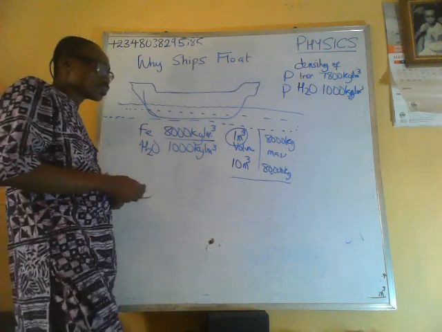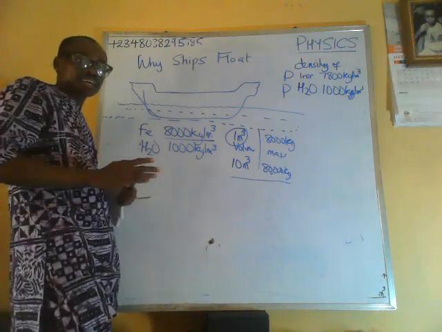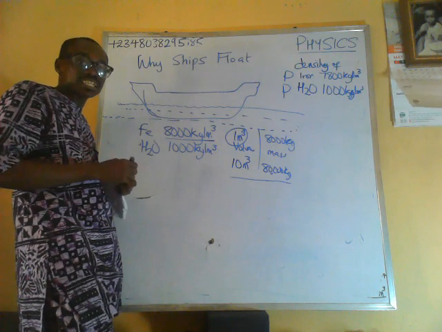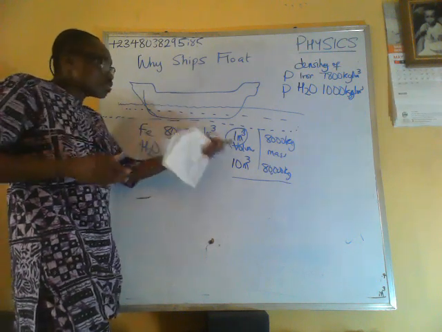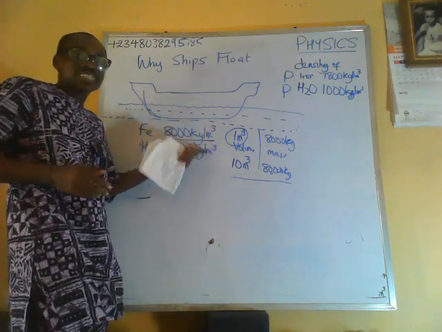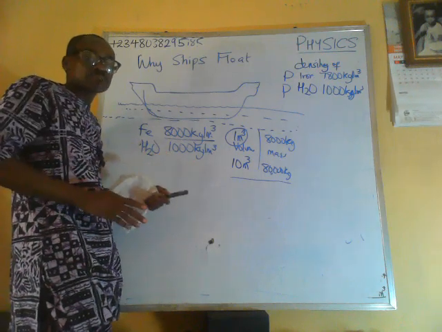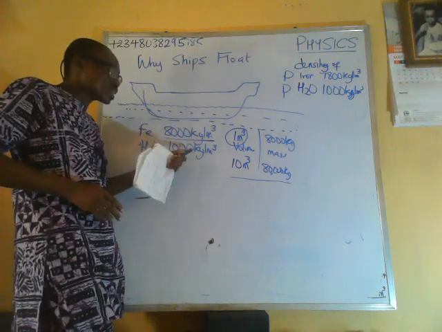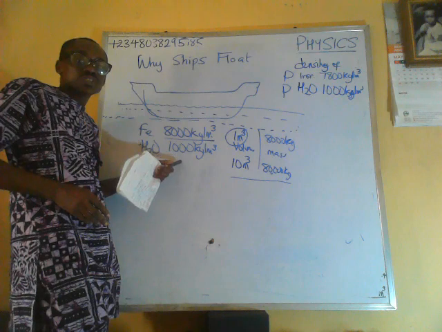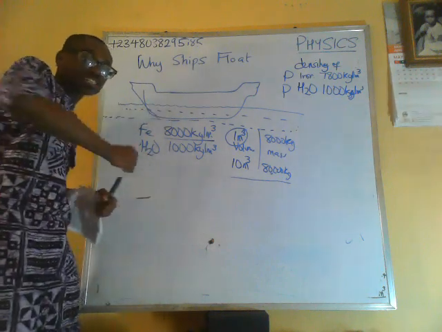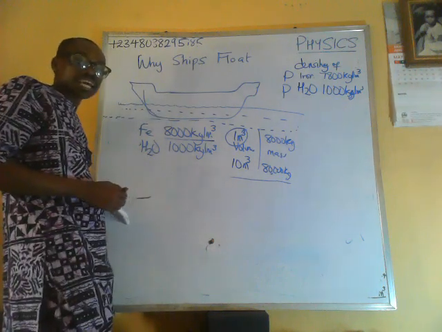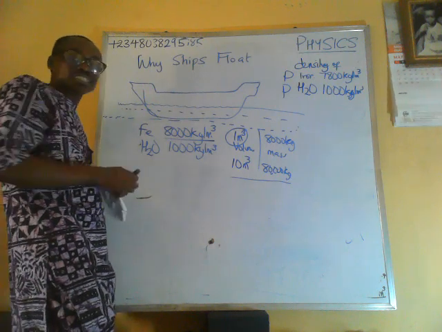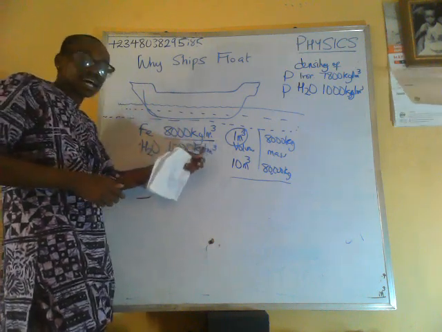So now, for that ship to float, that means the density of the ship must be smaller than the density of water. It's lower than 1,000. So the ship is designed in such a way that the density of that ship is smaller than the density of water.